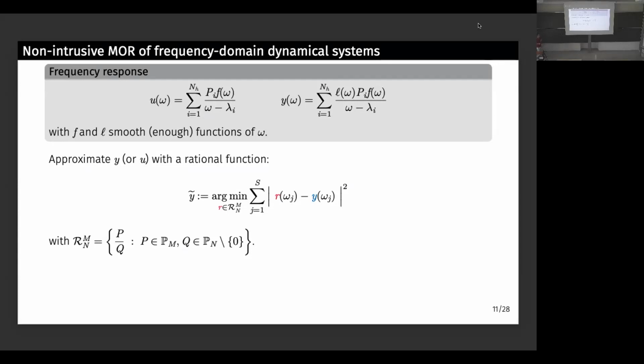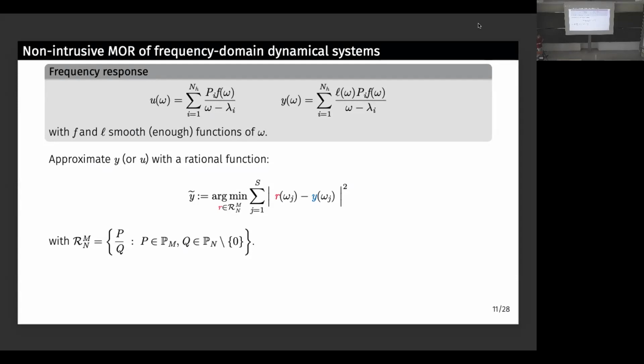But anyway, the point is that we would like to set up a problem like this, where we try to minimize the error between a certain rational function r and the quantity we're trying to approximate y. And you see here, we're just computing the lowercase L2 error at all the sample points omega j. Now, this problem is complicated to solve because the set over which we're trying to solve this problem is not even a linear vector space. So you can imagine that there are some complications here, but let's forget them for a second.